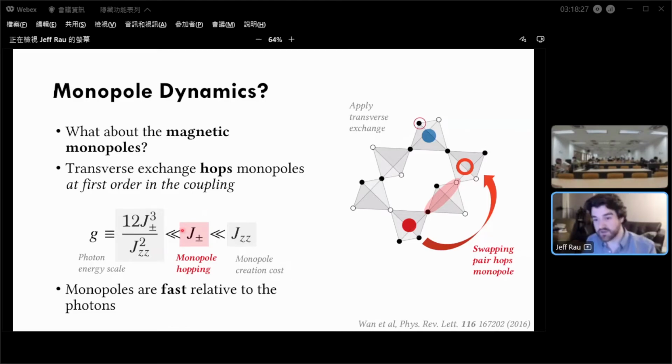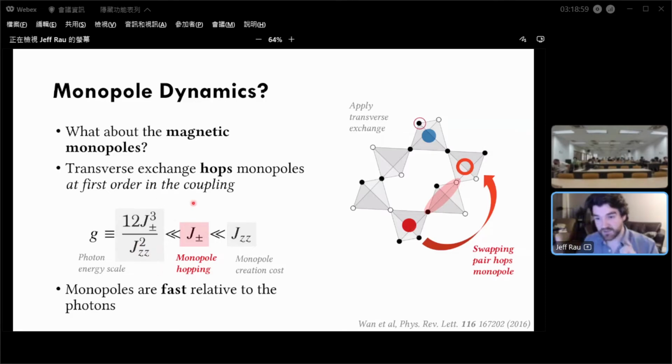There's one other difference there, which I might have gone too fast on, which is that the order of energy scales is actually different. In normal QED, matter is slow and light is fast, right? Things aren't moving close to the speed of light that often. Here we're in the opposite regime, where the photon energy scale is low relative to the monopole energy scale.